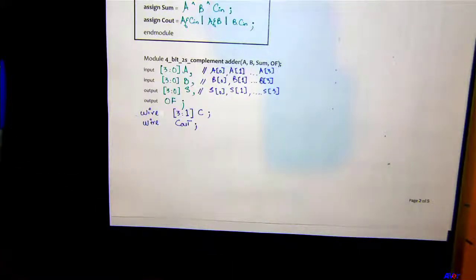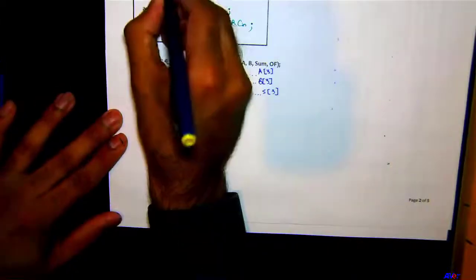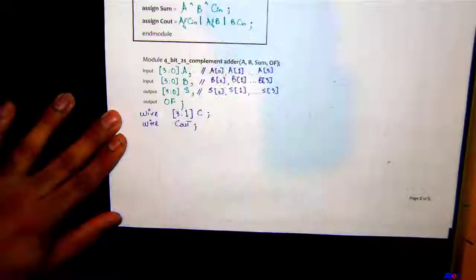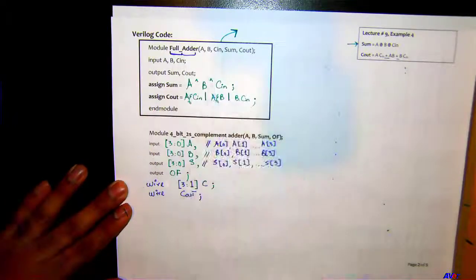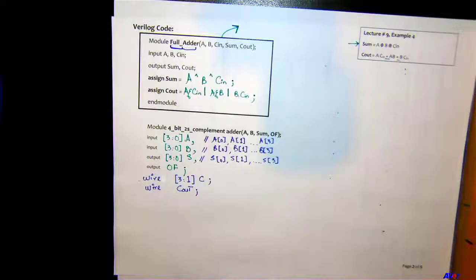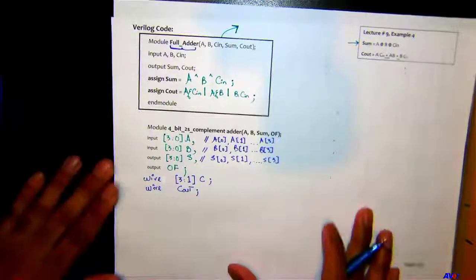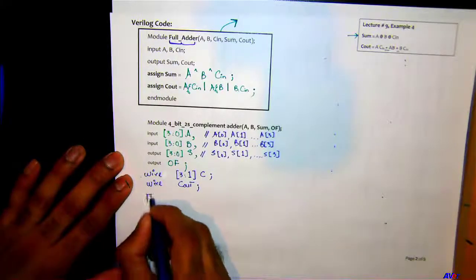We're going to start out with the model, the name of the module, which is what? Full adder, right here. Remember this full adder right here. Verilog is a case sensitive language, so you have to write it down exactly as it is. Okay, so full adder.